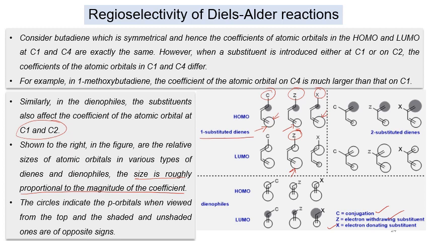We are seeing here the orbitals from the top. At this moment, do not bother about what is shaded and what is not shaded. What is more important for you to understand is why this particular orbital has a larger coefficient at this particular position, which obviously translates into a transition state like situation.